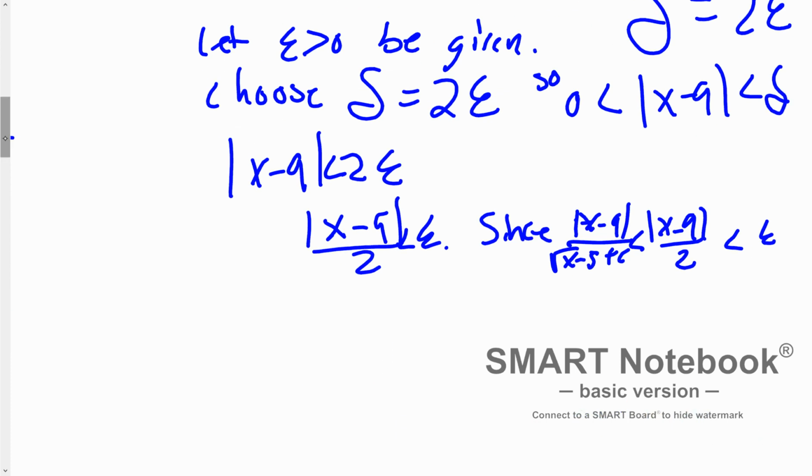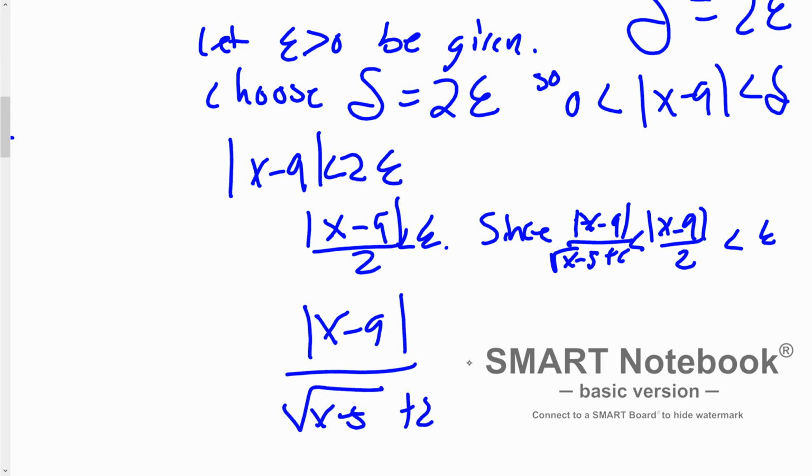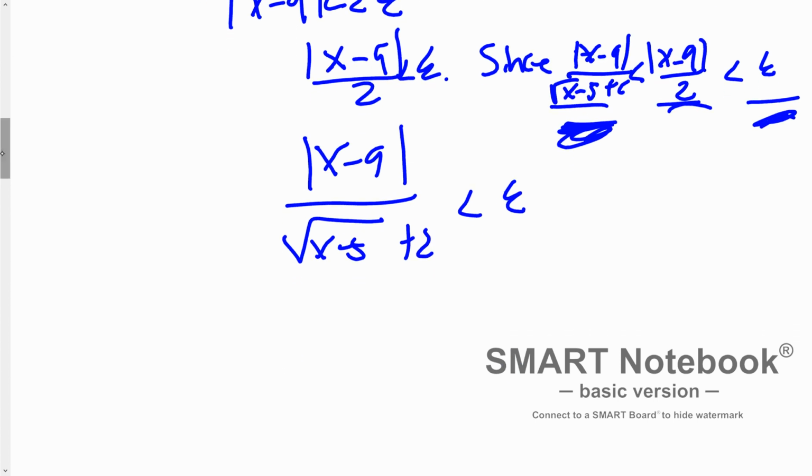Therefore, |x - 9|/(√(x - 5) + 2) would be smaller than delta. If this is smaller than this, and this is smaller than this, then this is smaller than this. Hopefully that makes better sense than the last one.